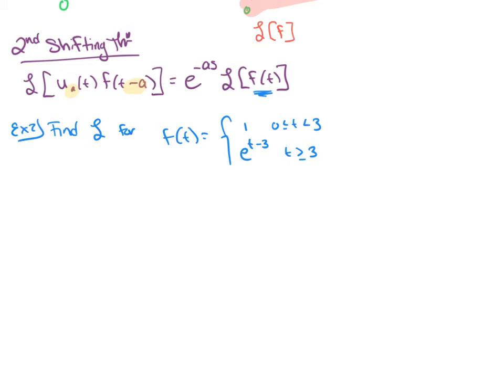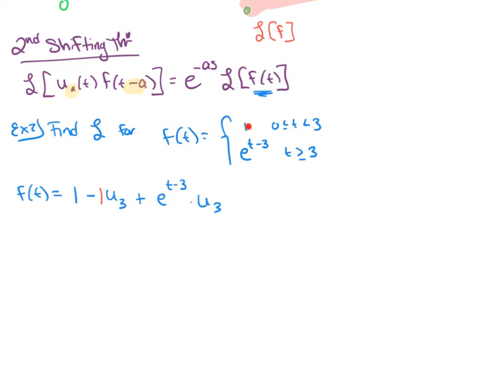So when we write this function f of t in unit step form, we start with 1 minus turn off 1 at time 3. So 1 minus turn off 1 at time 3. Then we add turn on e to the t minus 3 at time 3.